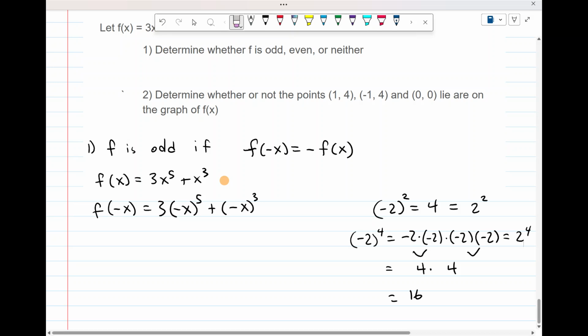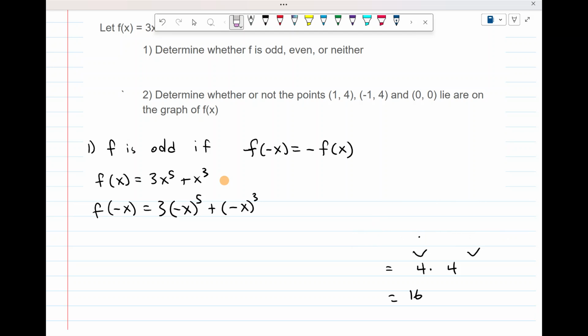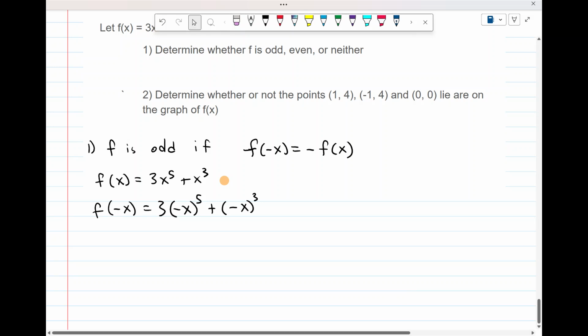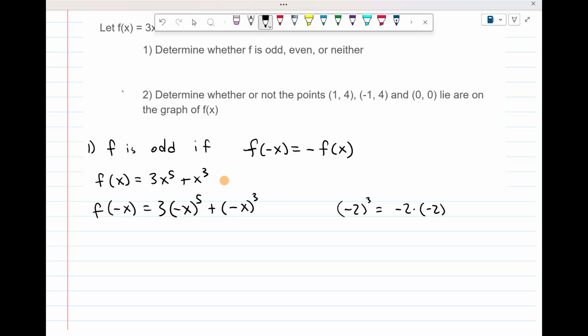Similarly, there is a rule if we have odd exponents. Let's think about what that would look like. Let's do the same thing with negative 2, but now let's raise it to the third power. Well, this would be negative 2 times negative 2 times negative 2. Negative 2 times negative 2 is positive 4, but when I multiply that by negative 2, I actually get negative 8.